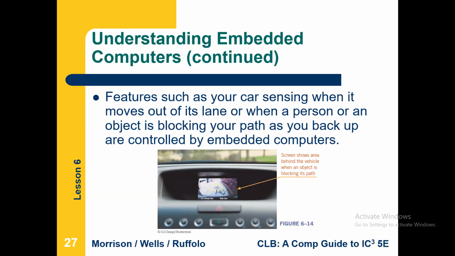And then now, most, if you are trying to reverse, you just put your gear in a reverse mode, and then the navigation system is being activated, that you can see 360 degrees around whatever is happening around you. So most of these devices are using the embedded computers.